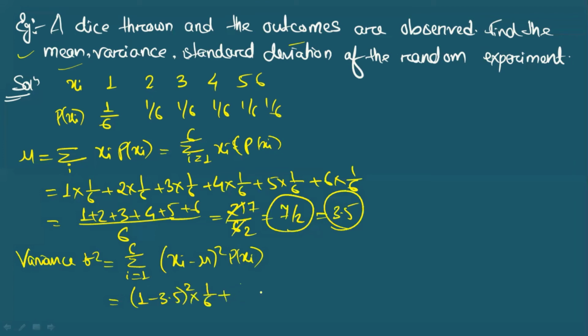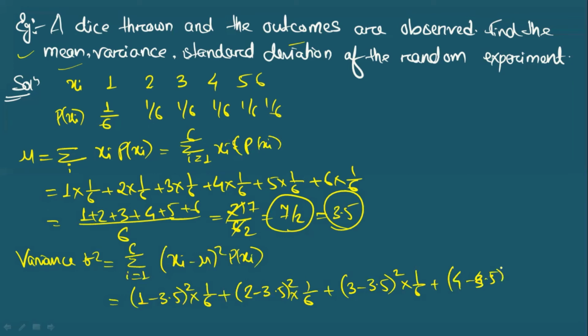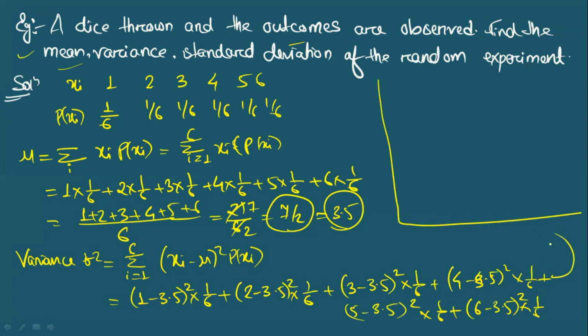Plus, similarly, if you write (2 minus 3.5) whole square, and it is 1 by 6, plus (3 minus 3.5) whole square into 1 by 6, plus (4 minus 3.5) whole square into 1 by 6, plus (5 minus 3.5) whole square into 1 by 6, plus (6 minus 3.5) whole square into 1 by 6. Clear? So in this part I am taking this.